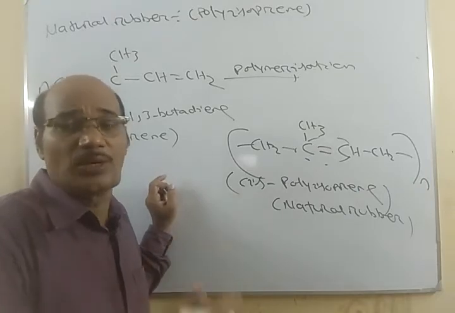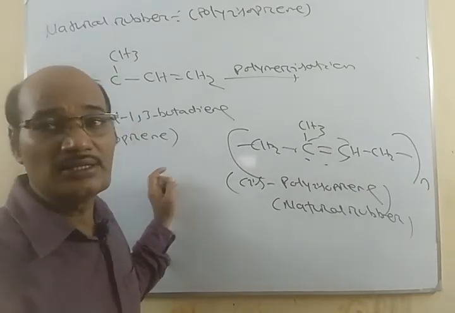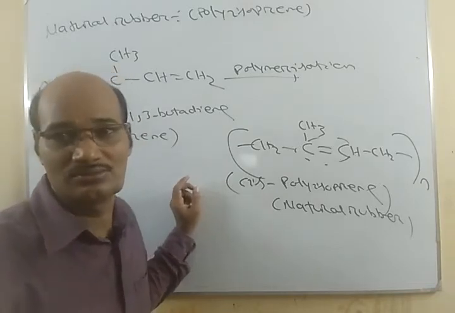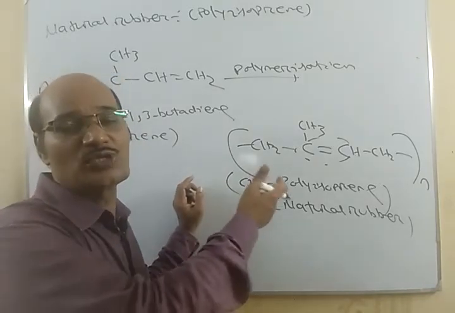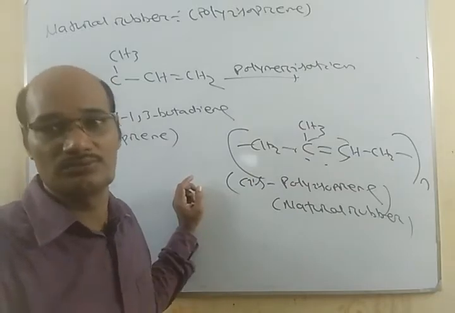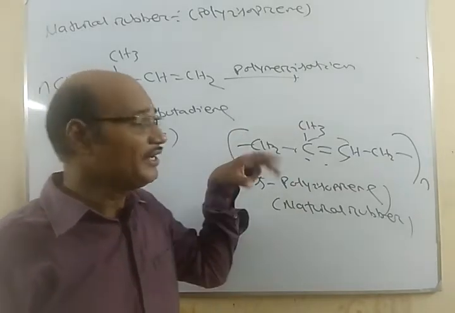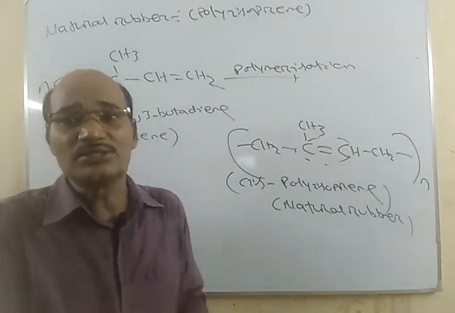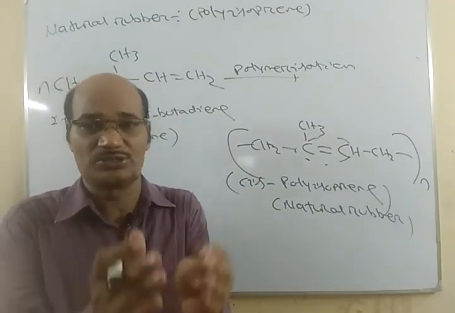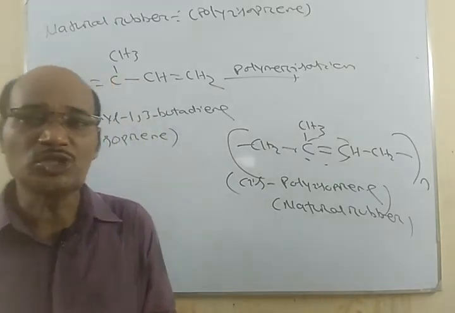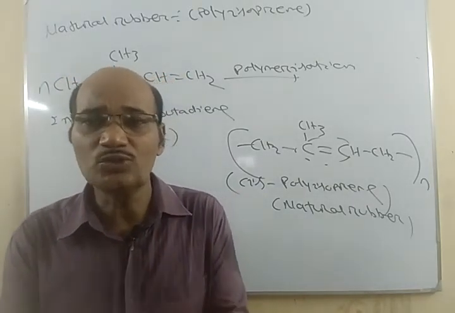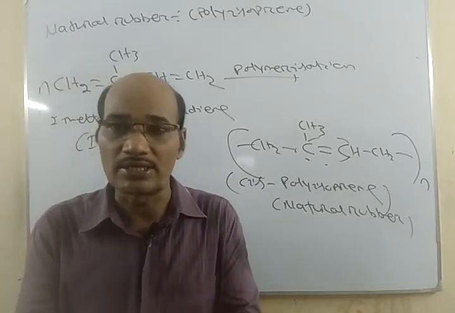and they are so soft that in its natural form they cannot be used. We cannot use the natural rubber in its natural form. So by any means we have to increase the strength. That means we have to decrease the softness. For this purpose, the natural rubber is subjected to a process called vulcanization.